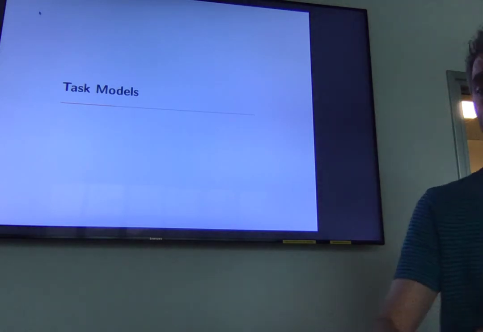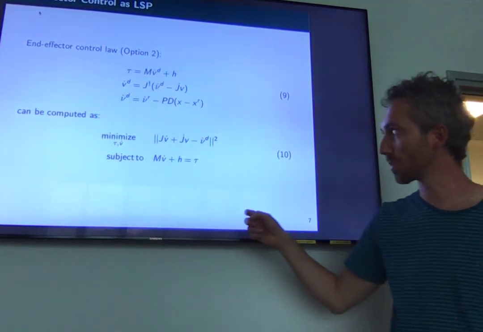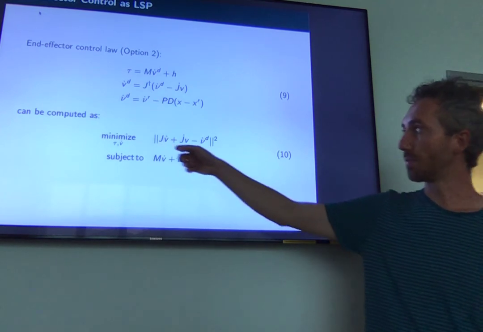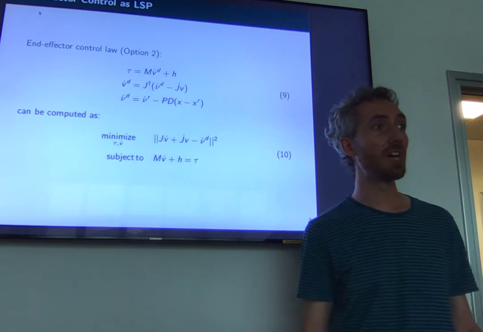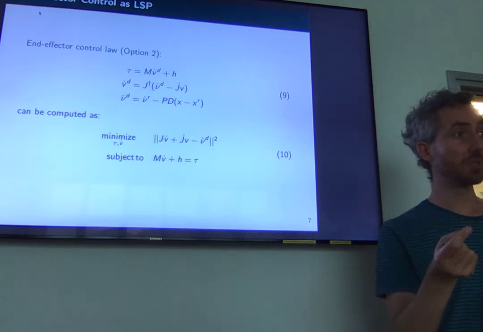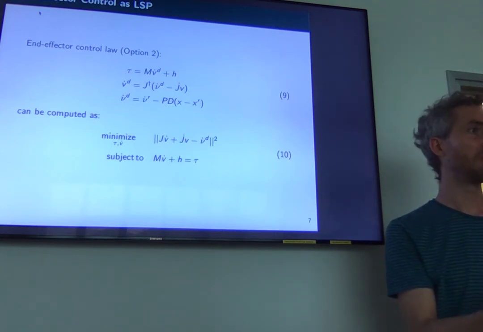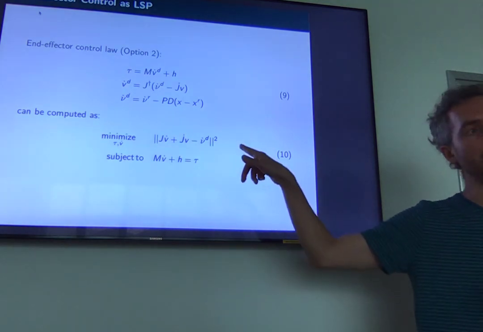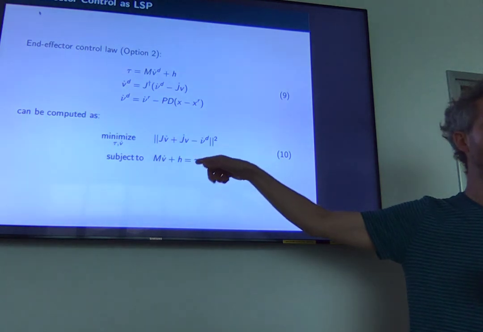Here, actually, since we are not using explicitly the Jacobian pseudo inverse, if J is fat, this optimization problem has infinitely many solutions, and which one is chosen depends basically on the implementation details of the solver you're using. So it's not a good idea to specify it like that. And in practice, we are not going to do it exactly like that.